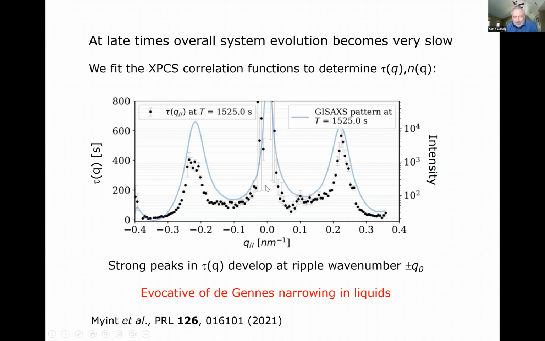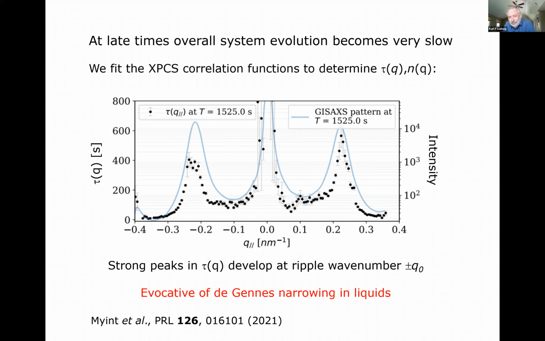So here is a comparison of the speckle-averaged GISAXS pattern in blue with correlation times in black. And what you see is a couple of things. First of all, there are peaks in the correlation times at the same wave numbers as you have peaks in the scattering.